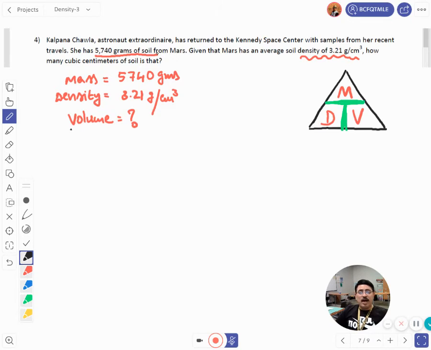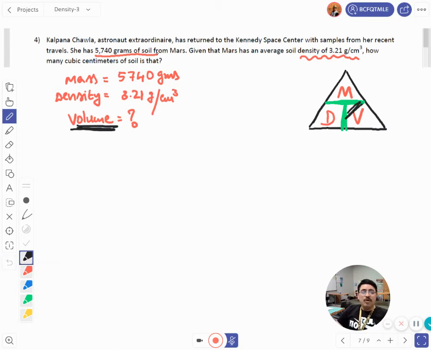Now, you are asked to find volume. Again, you can cover that volume V in the formula. You can use your thumb to cover it. Then what is the condition for finding volume? You can see that it is m over d, right? Again, I'm repeating here, you are asked to find the volume.